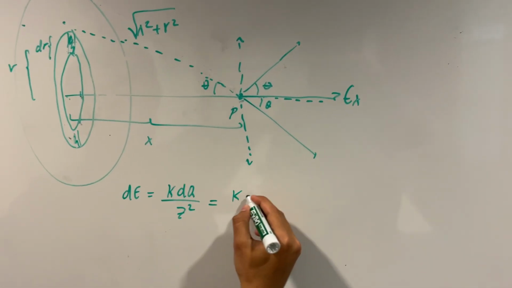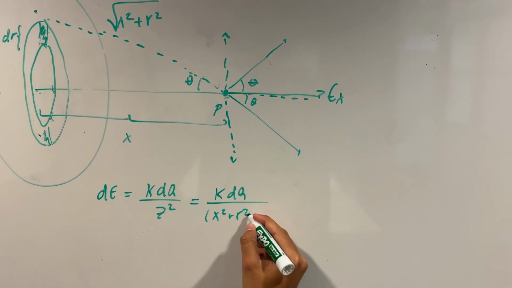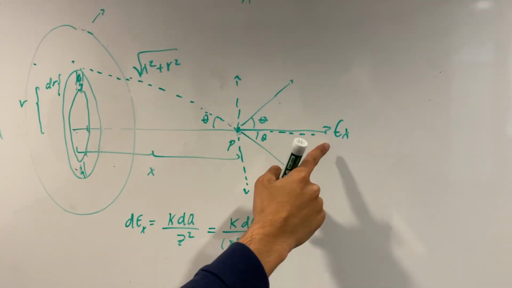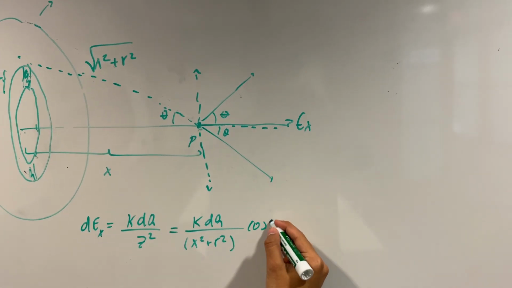Now we plug that in here. So that's k dq over x squared plus r squared, and this contribution right here is from the cosine, so we attach a cosine theta.